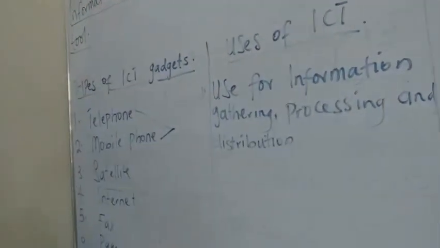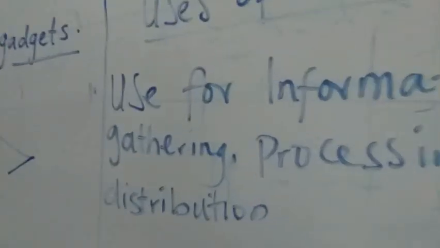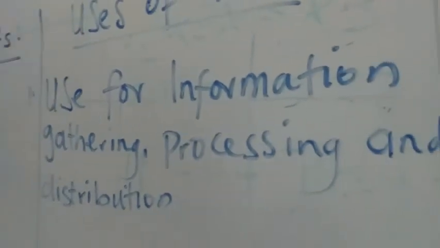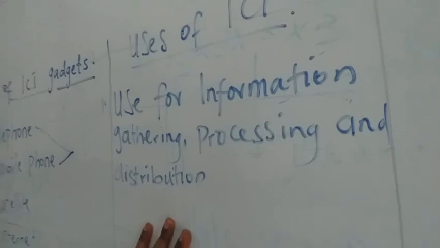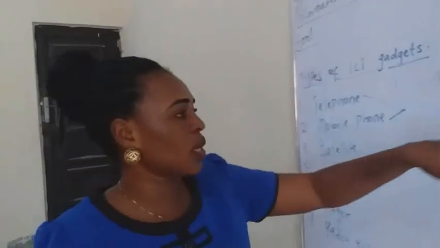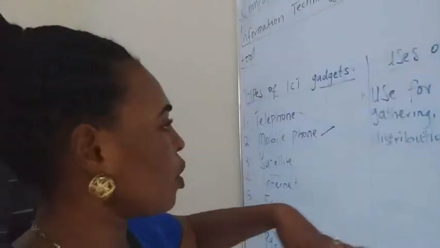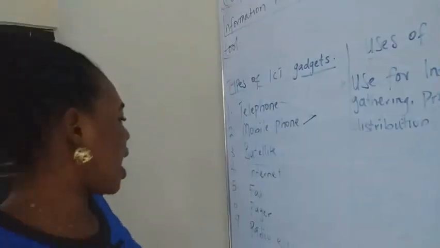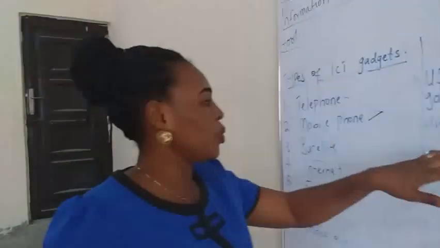Alright, number one says ICT is used for information gathering, processing, and distribution. You agree with me that these gadgets can be used to gather information, they can also be used to process information, and they can also be used to distribute information.